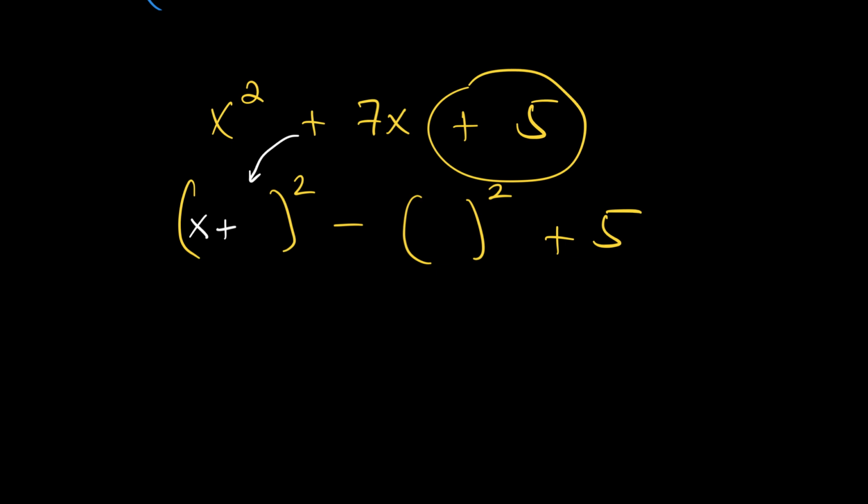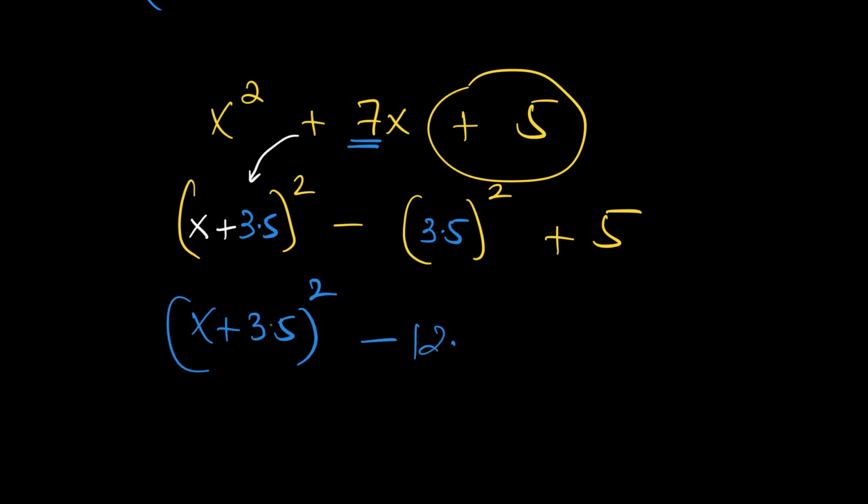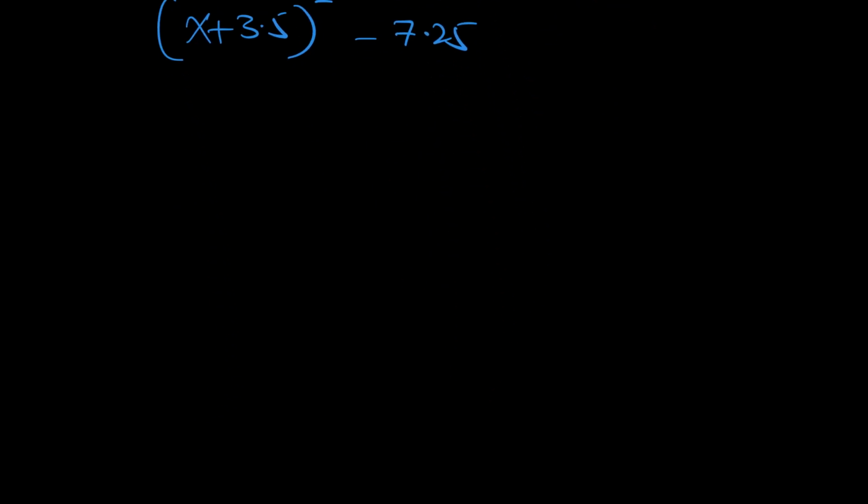Now what to do? Half of this number. What is half of 7? 3.5. No problem, we write decimals. Write 3.5 here too. Then you get x plus 3.5 whole squared minus 3.5 squared, which is 12.25, plus 5. When you simplify it, you get x plus 3.5 whole squared minus 7.25. That's the answer.